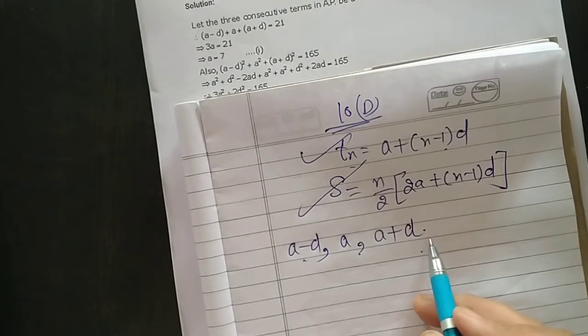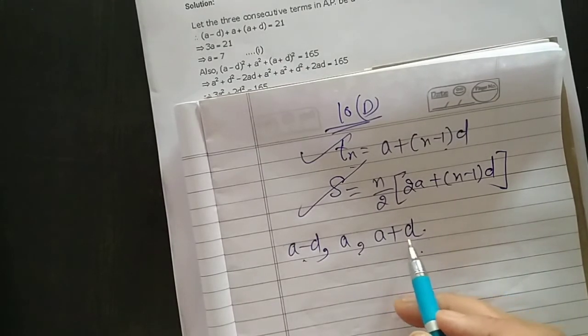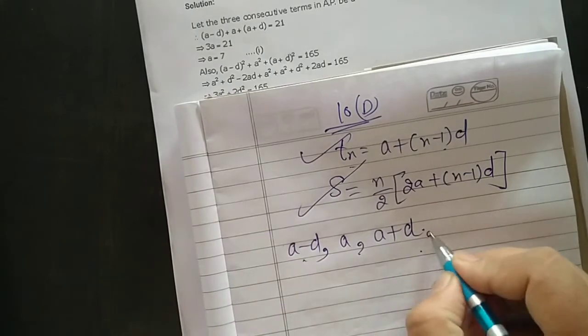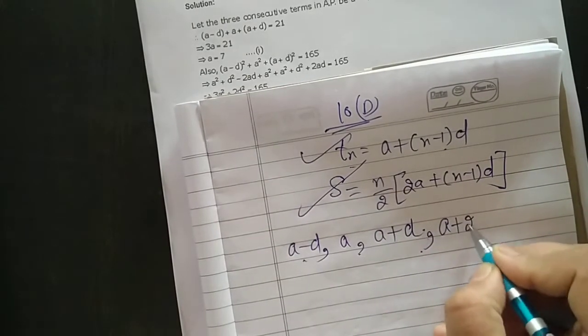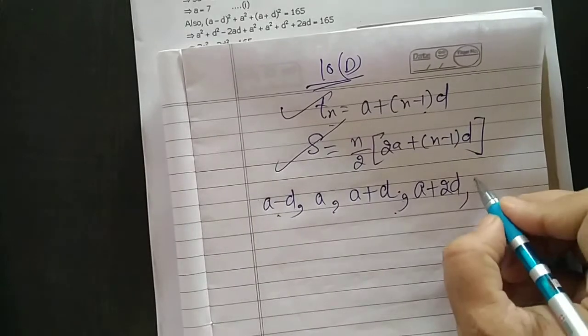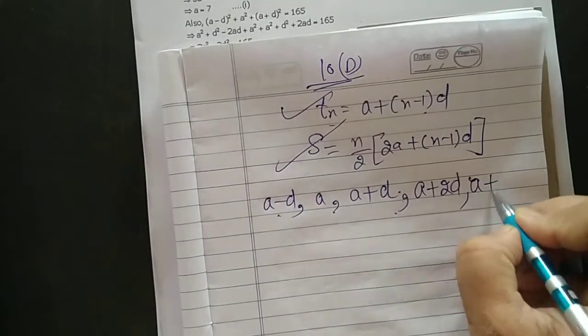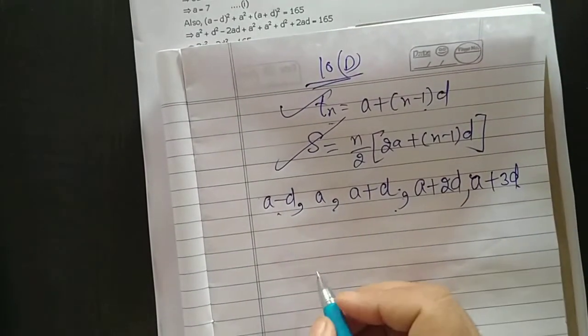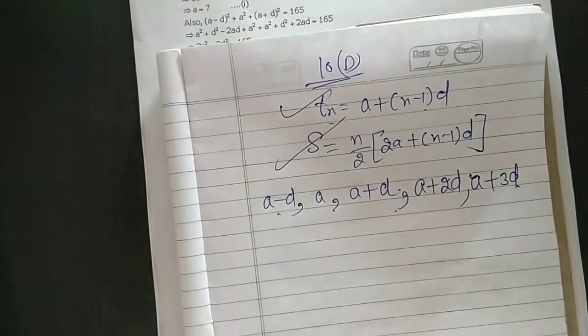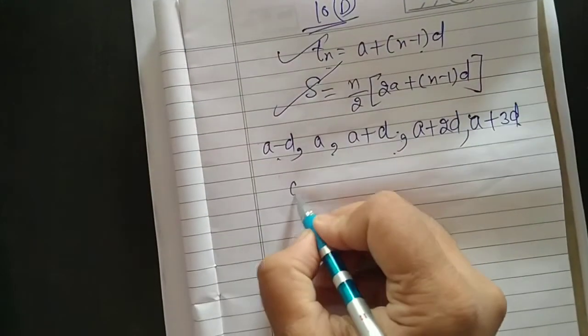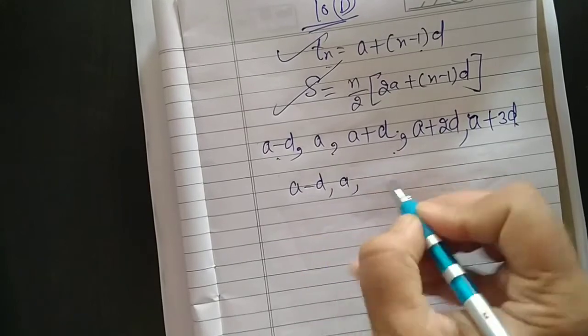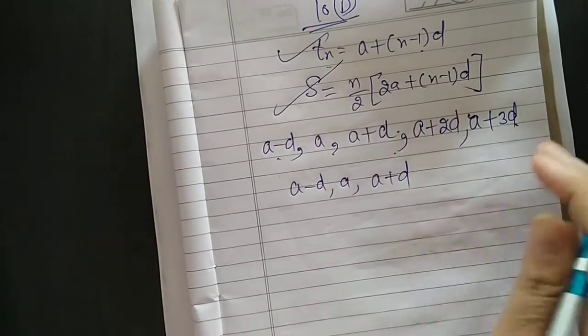If four terms are given, then you have to take a plus 2d. If five terms are given, then the next term will be a plus 3d. So here they are saying three terms, so we will suppose a minus d, a, a plus d.